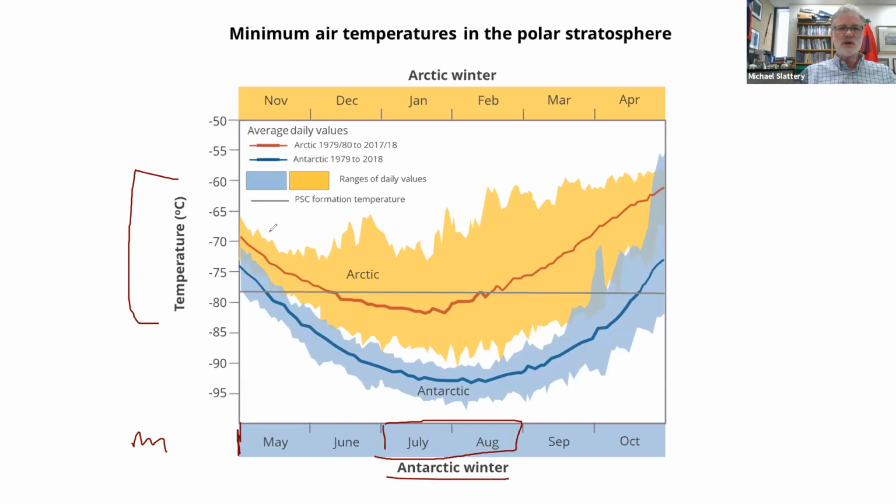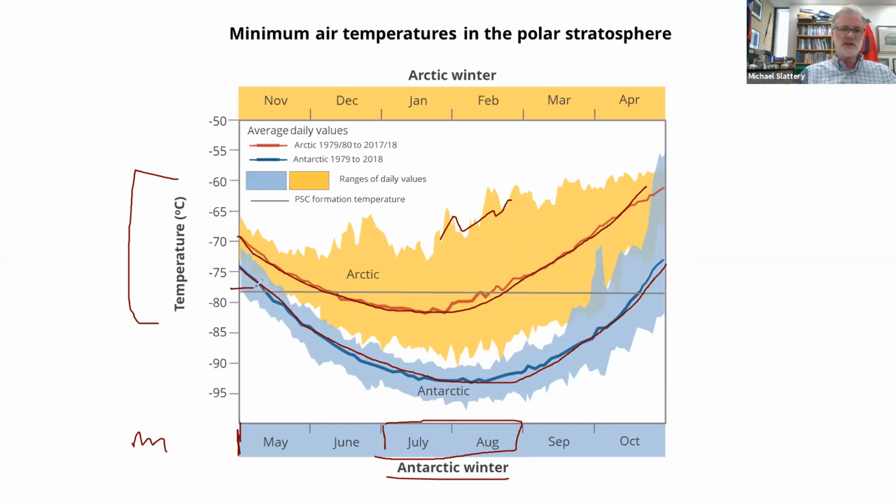And what I want to show you here are the averages, right? The solid line is the average temperature over the Antarctic, and this is the average temperature over the Arctic during the respective winter periods. Okay. All of this shaded area shows you the total range of the data.